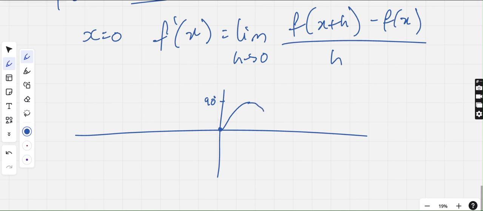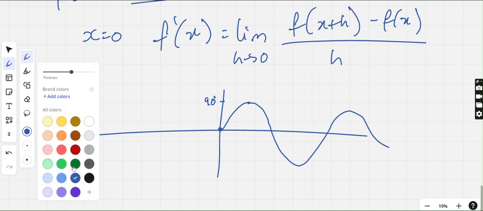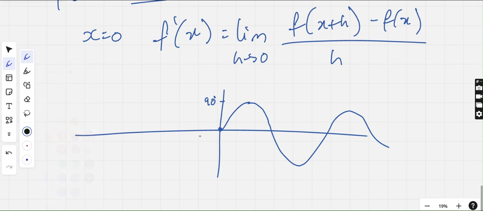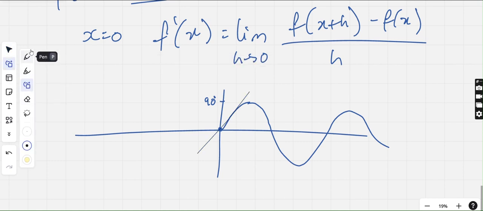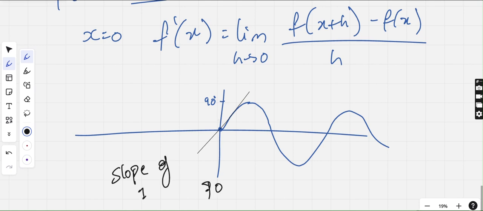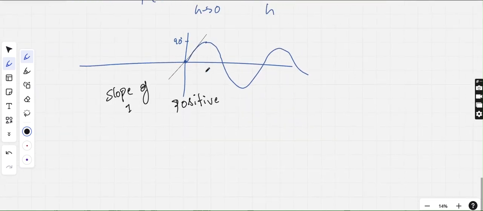In this case, the sine graph starts from 0. Sine 0 is 0, maximum at 90 degrees, and then it goes back in a circular motion, this way. So at that given point of x equals 0, the tangent can be drawn this way. The line that we are looking at has a slope of 1, which represents a positive slope.